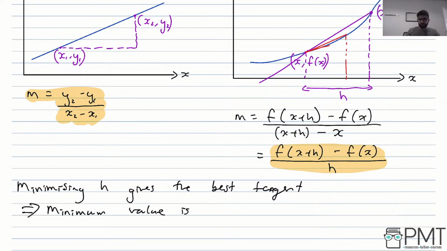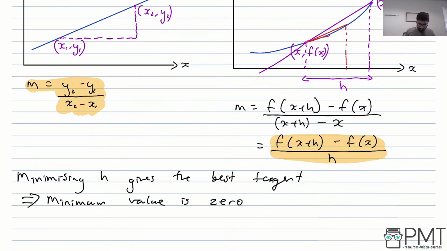So the minimum value we can have is 0. We are making it as small as possible, and this is where the idea of taking the limit as h goes to 0 comes in. So minimum value is 0. That means we look at the limit as h goes to 0.